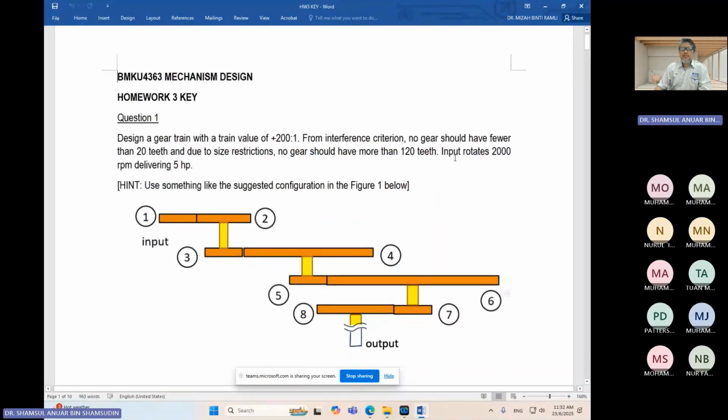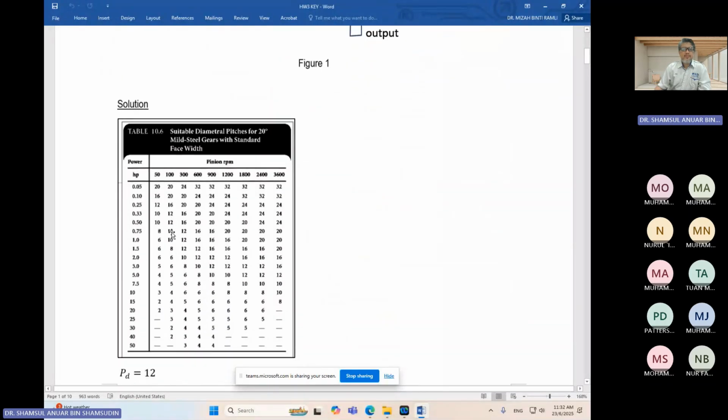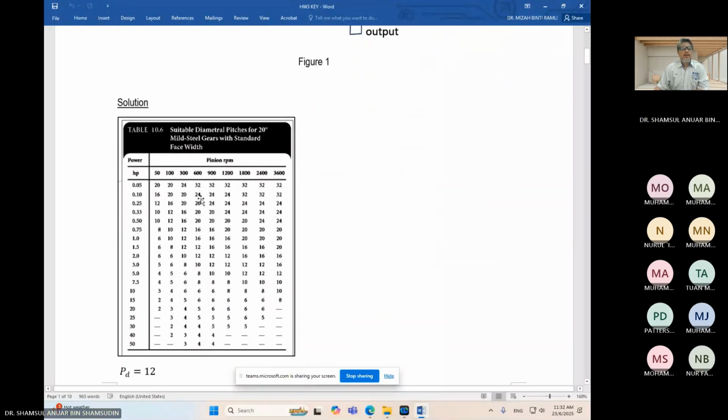So from the information of 2000 RPM and 5 HP, you can refer to this table. The pinion is 2000 RPM, there is no 2000, so 2000 is between 1800 and 2400, and 5 horsepower is this one.